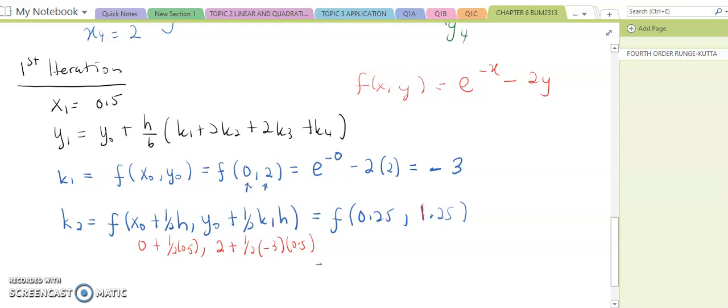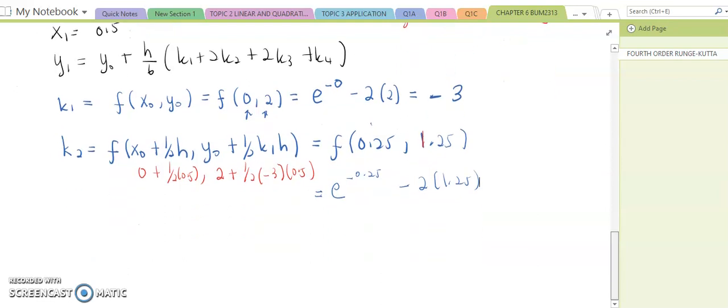So you just substitute 0.25 and 1.25 into our f of x, y. So exponent of negative 0.25 minus 2 times 1.25, and the answer is negative 1.7212.